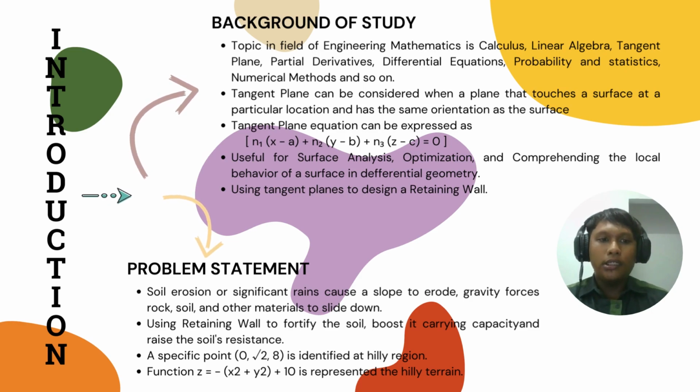The tangent plane equation is useful for surface analysis, optimization, and comprehending the local behavior of a surface in differential geometry. For our project, the tangent plane will be used to design a retaining wall to mitigate the risk of soil erosion and maintain stability in a region.